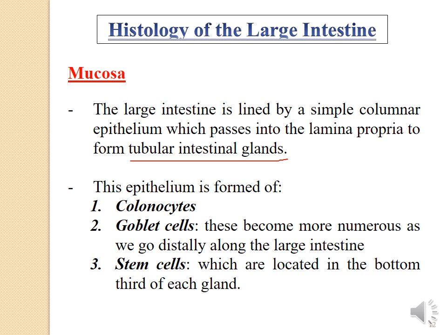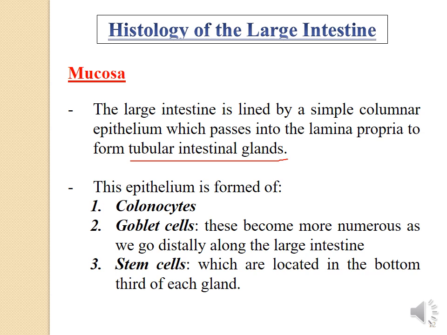And the epithelium of the large intestine is formed of three types of cells: colonocytes, goblet cells, and stem cells. Goblet cells, the same as in the other parts of the gastrointestinal tract, but these become more numerous as we go distally along the large intestine, because as we move along the large intestine, the food particles become harder and therefore we require more lubrication, and this is done by the secretion of mucus from goblet cells.